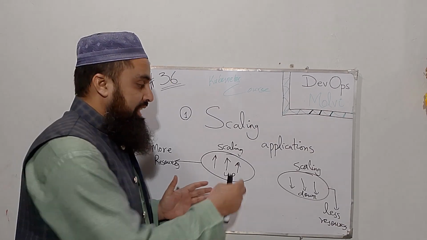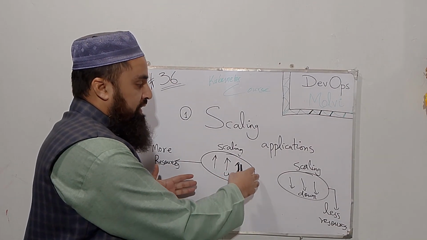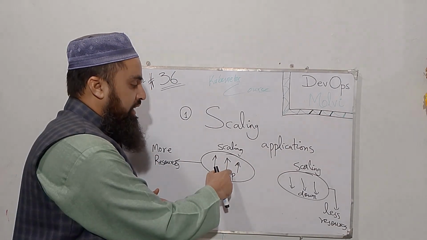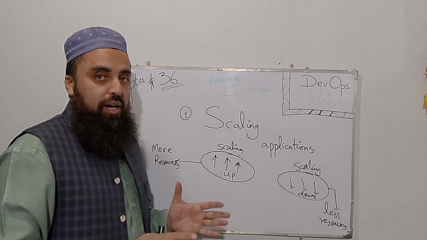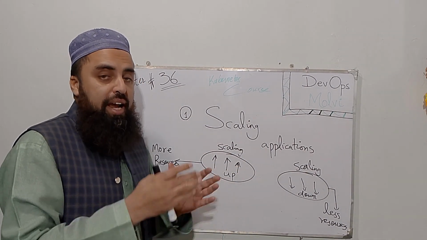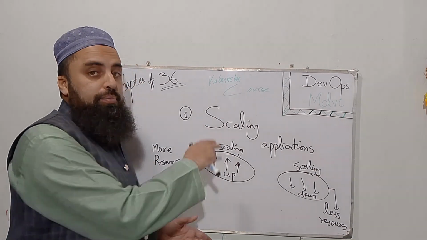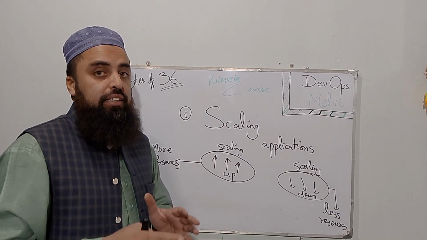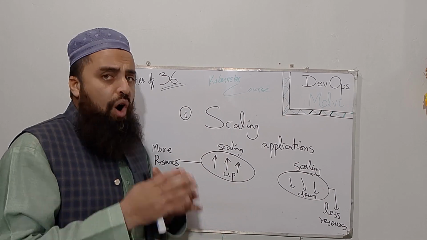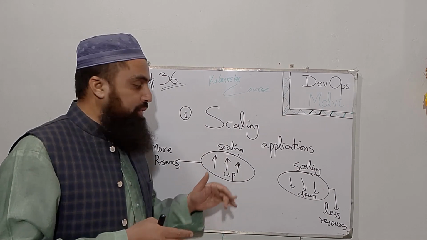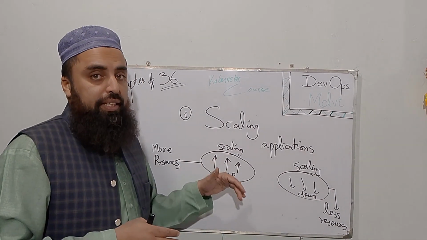Now you can see this simple concept of scaling applications. When I have a high demand, it means that my application should have the ability to scale up the resources when there is a huge amount of traffic or a large number of users accessing the application.